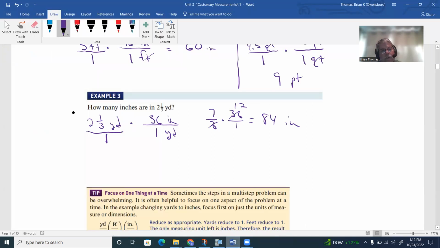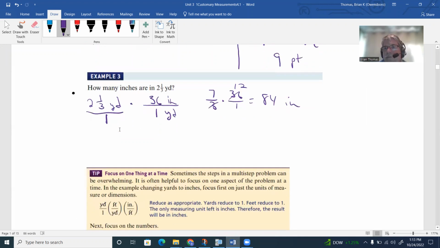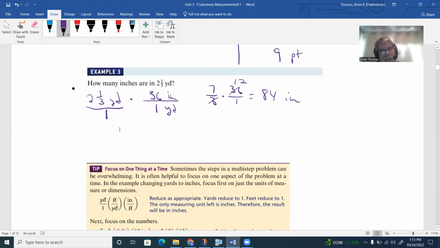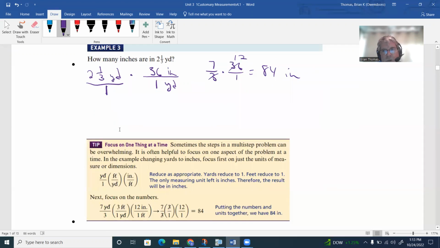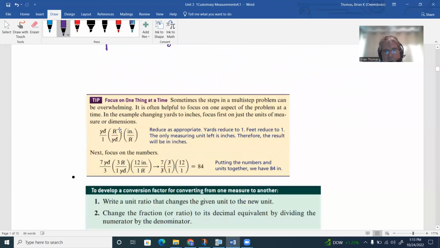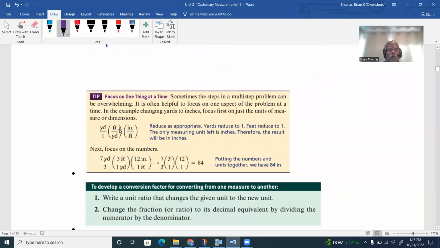Now, something else we can do is you may recognize that yards, as far as common knowledge, ties more closely to feet, and feet ties more closely to inches. So I actually could use a multi-step problem on this. What's important is just focus on one aspect of the problem at a time.